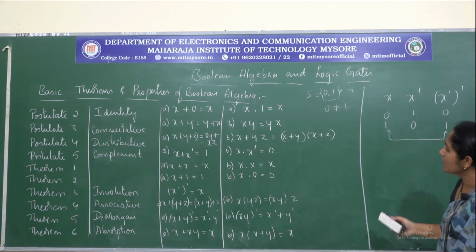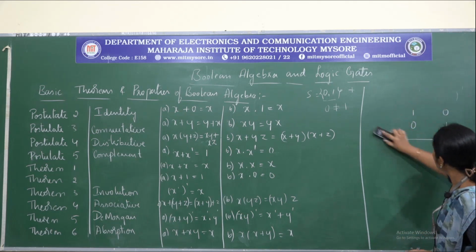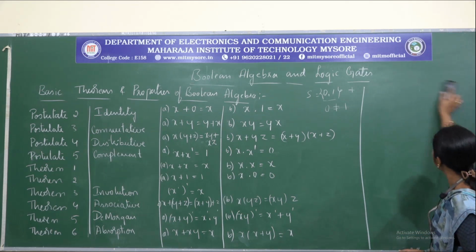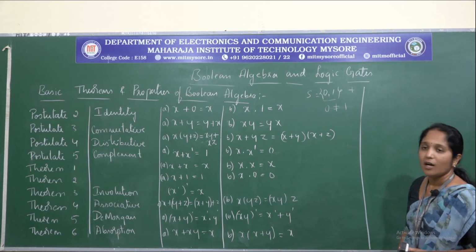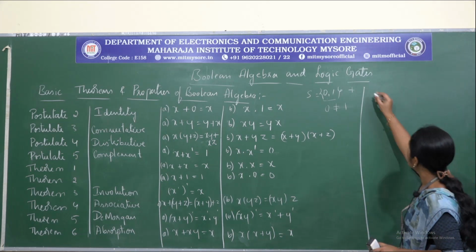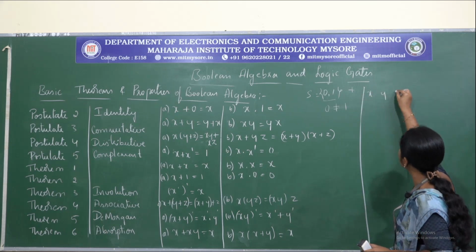Next we have the associative law. In associative we have x plus of y plus z, which is equal to x plus y, plus z. Let me consider 3 variables for that.